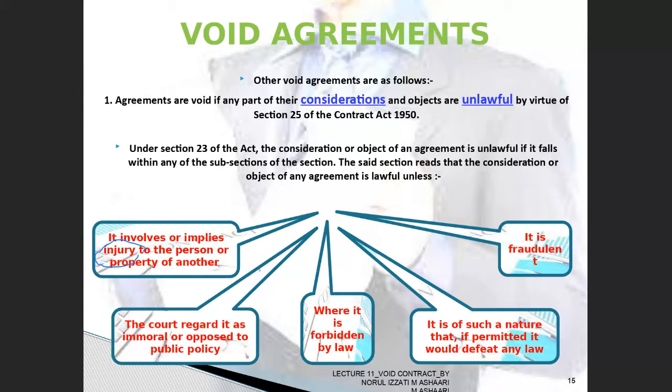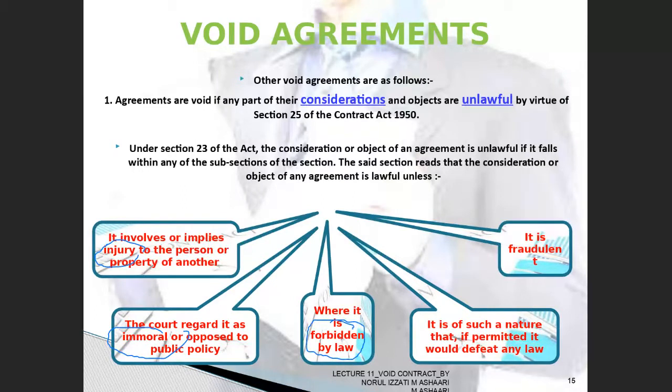Okay, number two, the court regards it as immoral or opposed to public policy. Whatever is immoral, such as a contract for prostitution or gambling, is considered immoral and also unlawful. Number three, when the consideration is forbidden by law, that is also considered void.